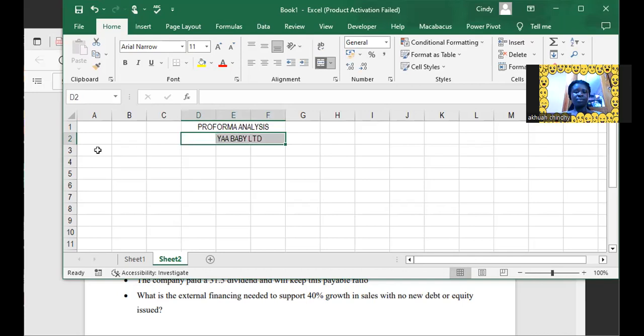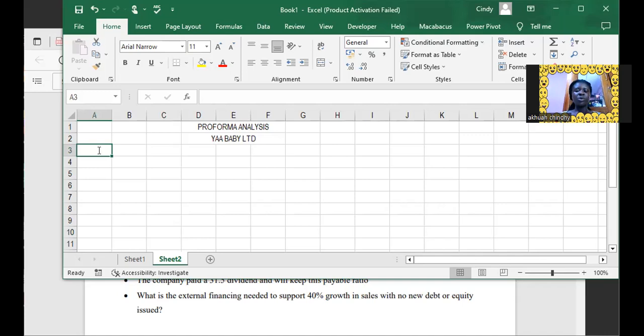Then we have to prepare our pro forma income statement and then pro forma balance sheet. We are not told in the question, but based on the information given, we're supposed to know that this is what the question is demanding from me: a pro forma income statement and a pro forma balance sheet, right?